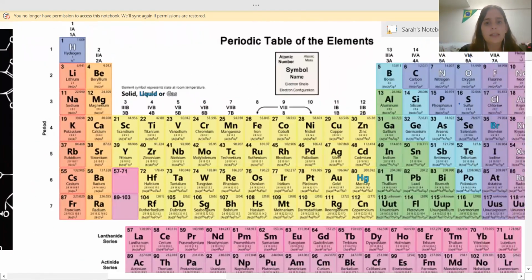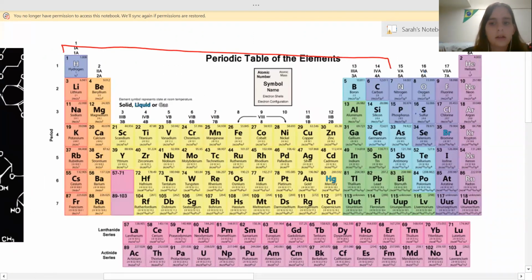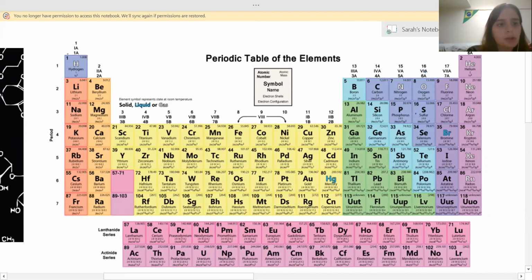Before we get into the actual rules, let's look at the periodic table. If you recall, we have 13 cation groups, 3 of which are main group cation groups, and the other 10 are transition metal cation groups.